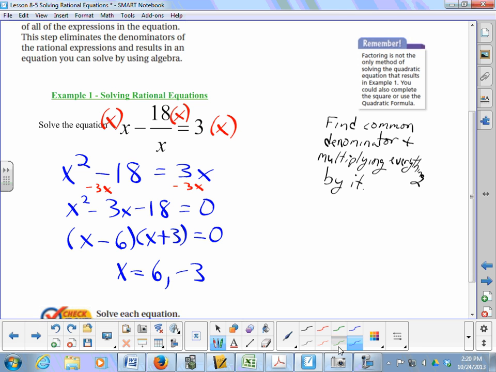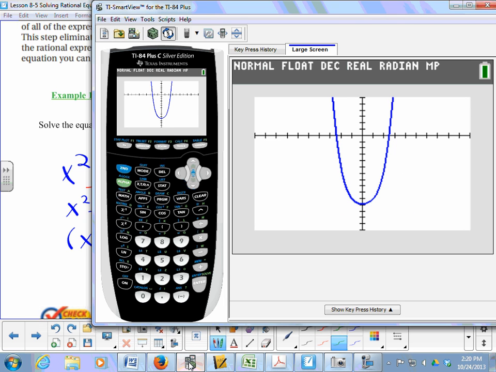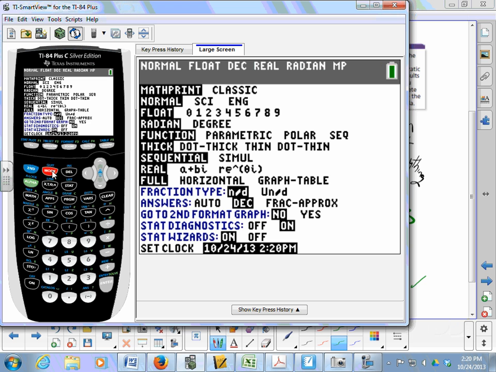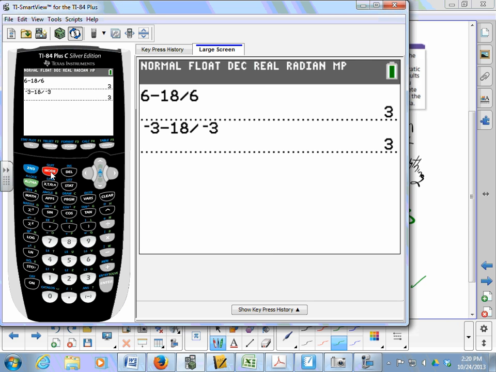So that might mean doing it by hand, where I put 6 in for x and check to see if it's correct. Or you should always check by taking my calculator and doing it there, which I did right here. Negative 3 minus 18 divided by negative 3.